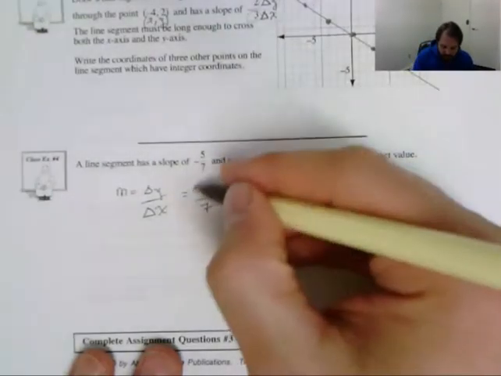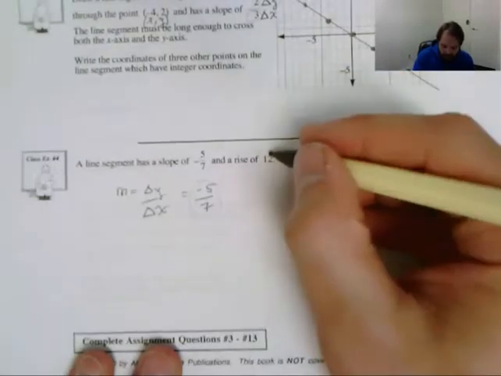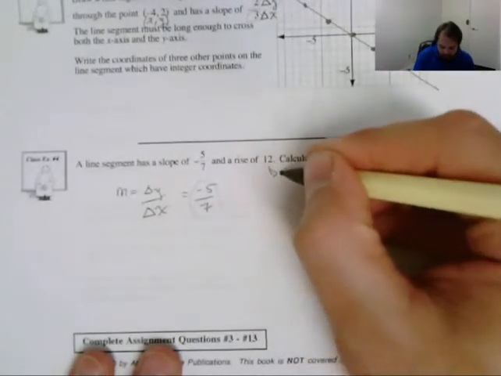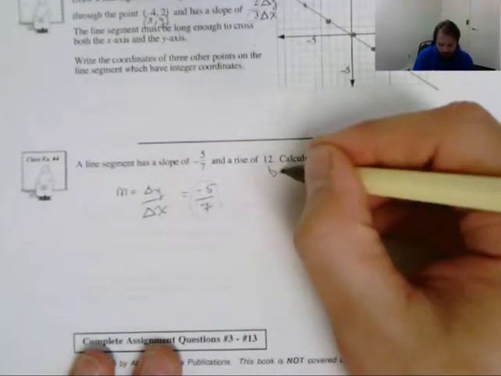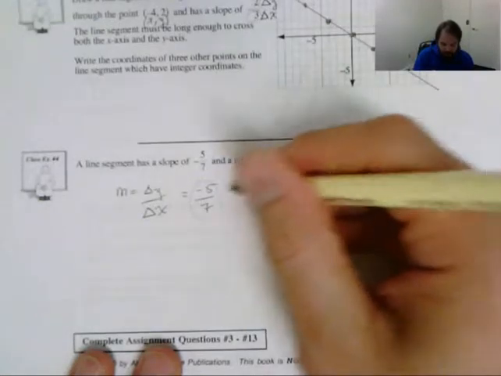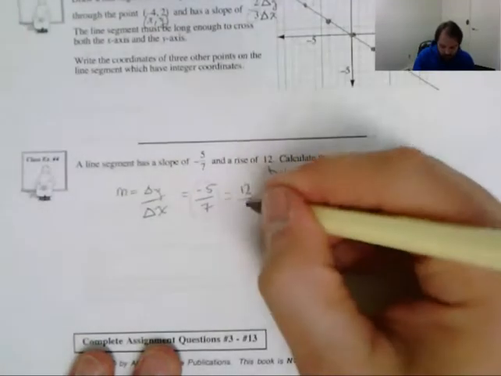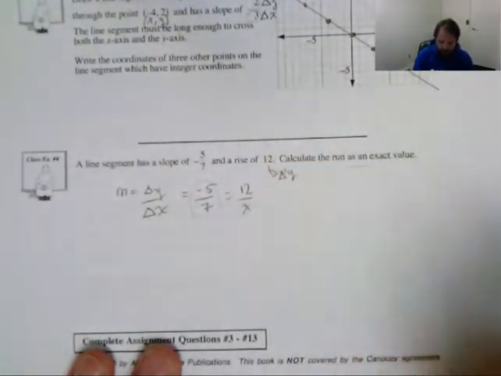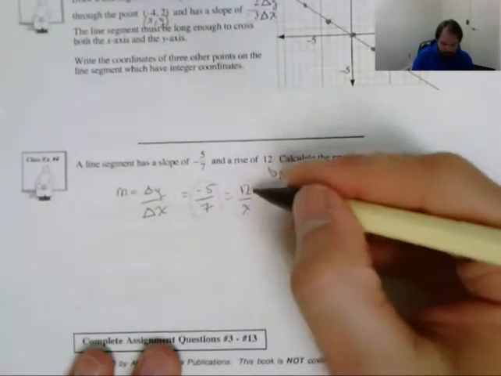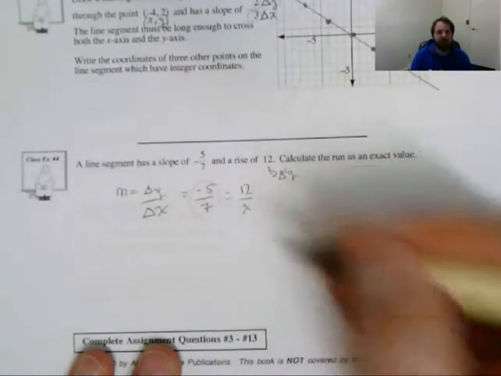So this is my general change, and we have a rise of 12, so this here is my y change. So we're going to say this is the same as 12 over, and now we want to find my change in x. Okay, so if we rise 12, what is going to be the change in x?